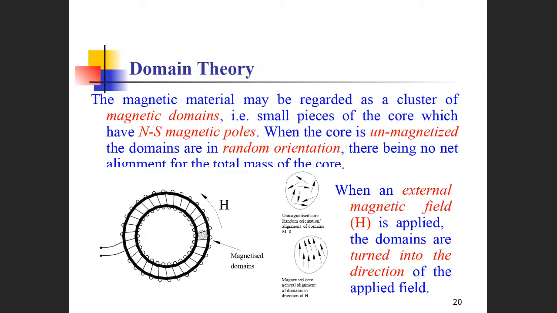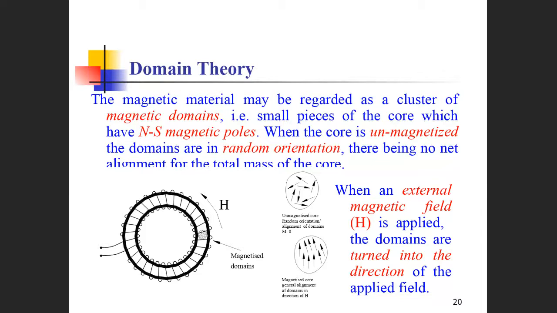So now we have the so-called domain theory to explain how the magnetic field is induced inside the core materials due to the magnetizing strength H. We suppose that materials contain many small invisible magnetic poles, just like the magnets we played with when we were children.